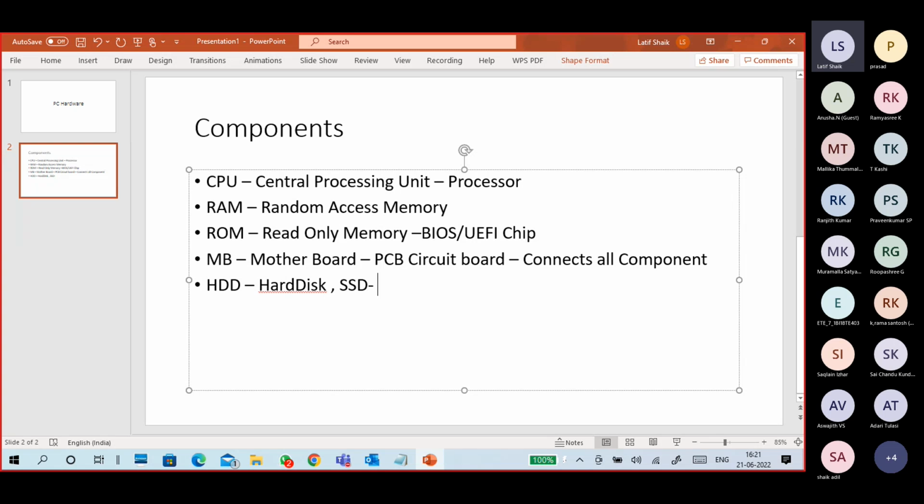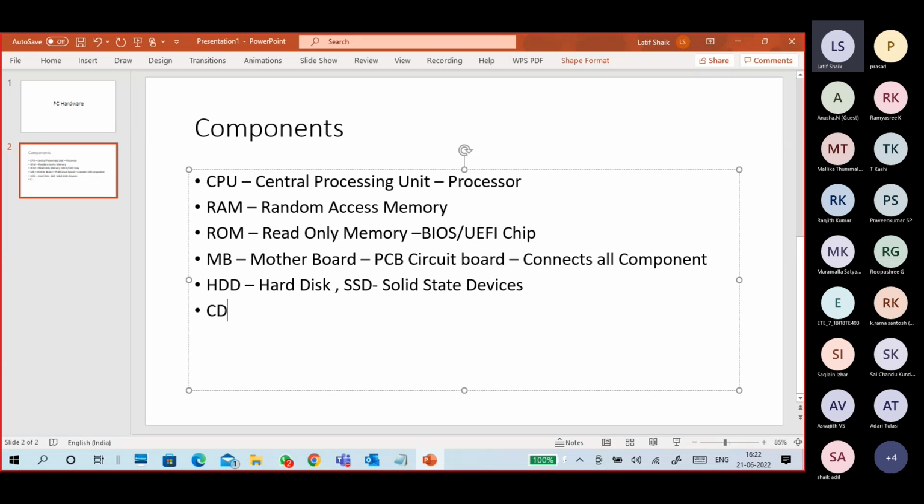SSDs, nowadays we are using SSDs. Solid state device, SSD, for storage purpose only.